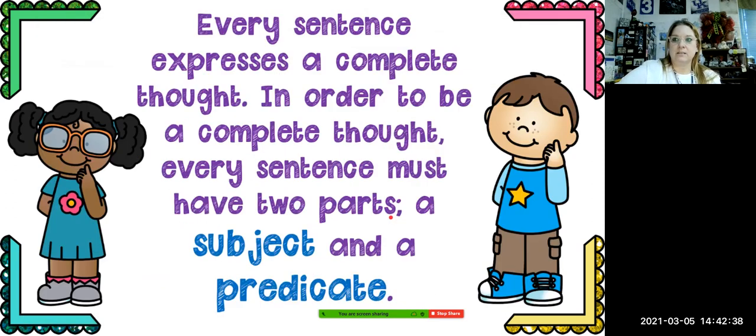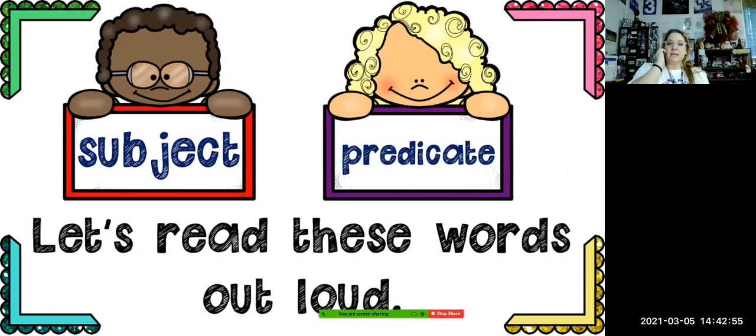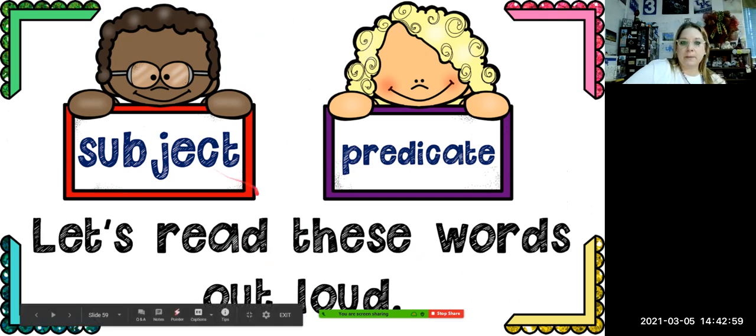All right. So every sentence expresses a complete thought. And in order for it to be a complete thought, it has to have two parts, a subject and a predicate. So let's read these words out loud, okay? Subject, predicate.